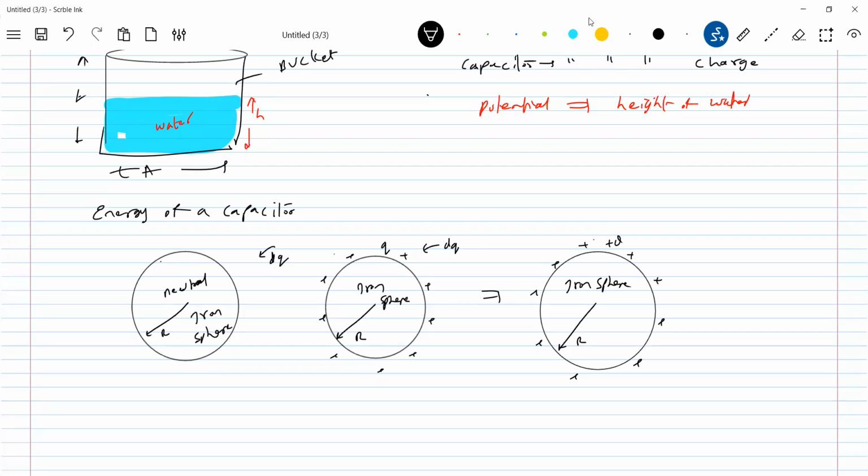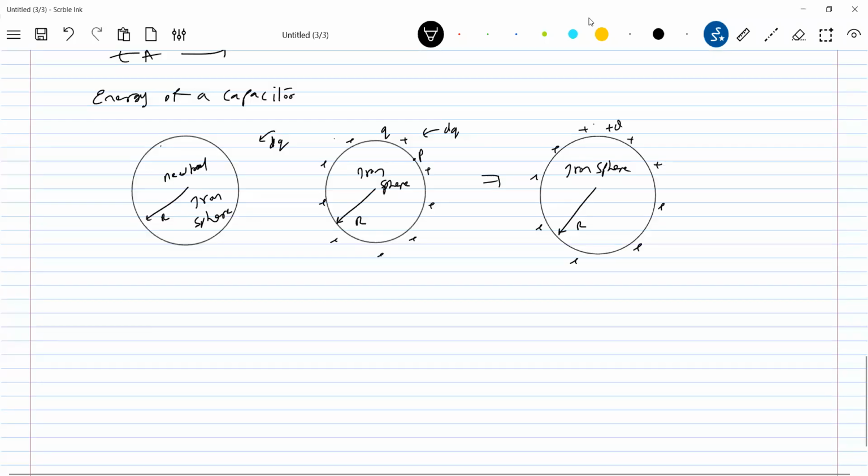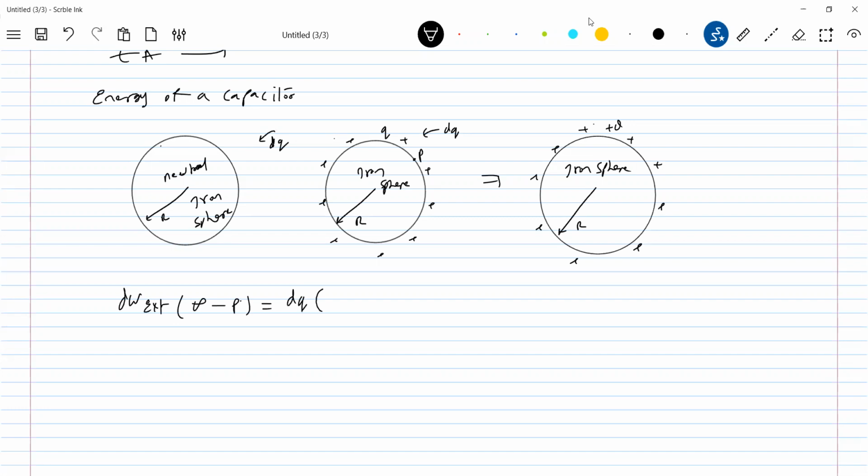So let's go for it: there's a point on a conductor. The work done by an external agent in moving a charge dq from infinity to point P on the surface of the conductor is dq times (Vp minus V infinity). This is dU or dW.